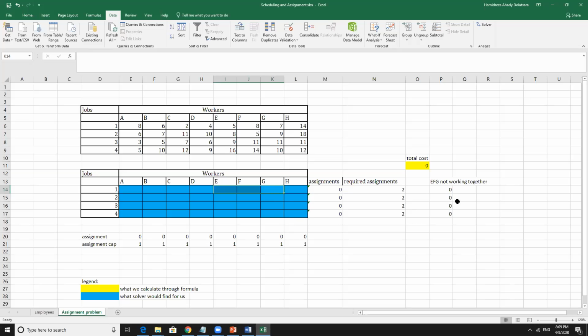I have a question. Let's say I run this formula and the summation isn't 0. Instead of 0, maybe it's 2. What does it mean? Again, the formula just means we check the assignment of E, F, and G for jobs 1, 2, 3, 4. What if, like here, I get 2? What does it mean? It's a question. Can anyone answer?